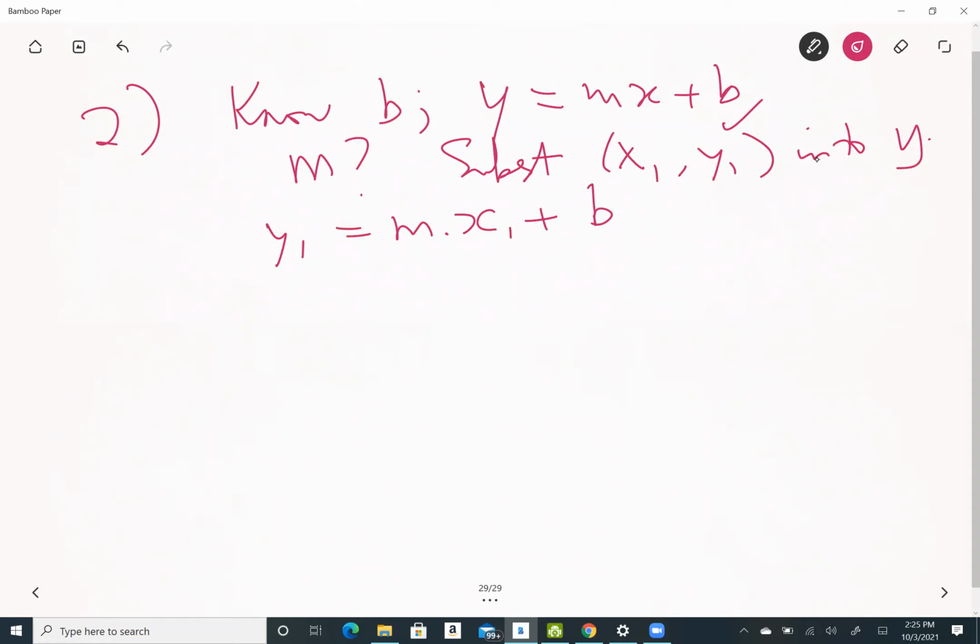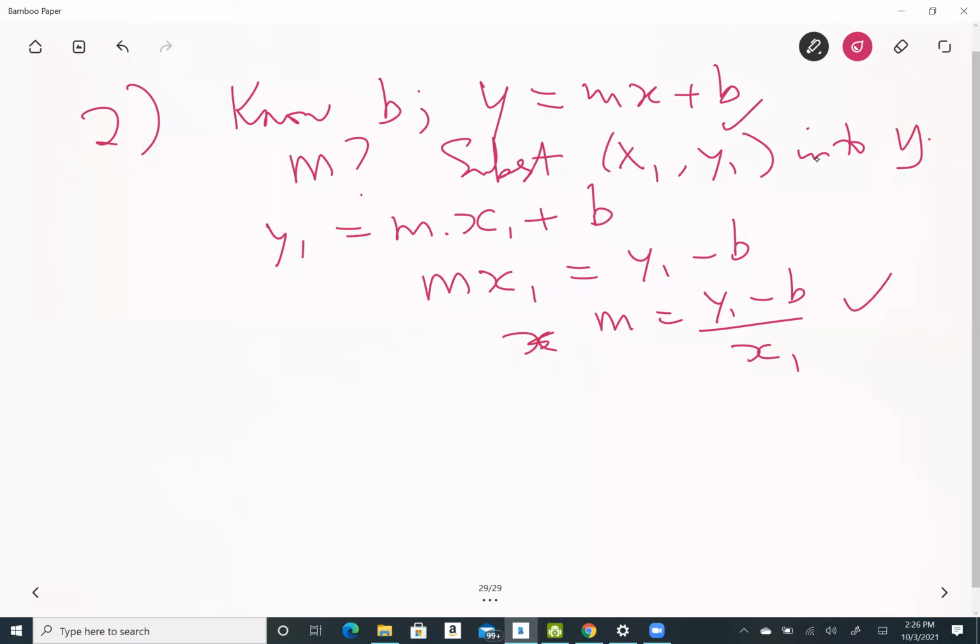Now you will get m. You bring the b to the other side, so m is equal to y1 minus b divided by x1. So now you got m.